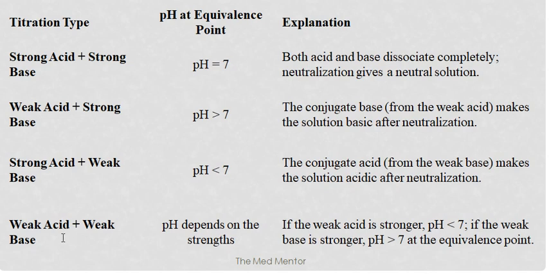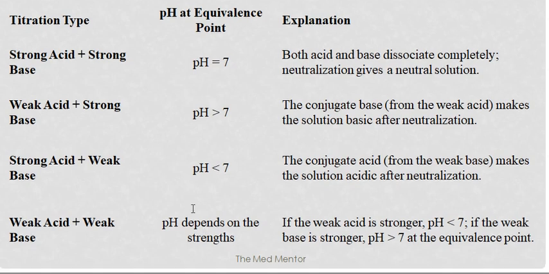And obviously the last one is weak acid and weak base. The pH depends on the strength: if the weak acid is stronger, the pH is less than 7; if the weak base is stronger, the pH is more than 7, depending on how much H plus and how much OH minus is dissociated in water.